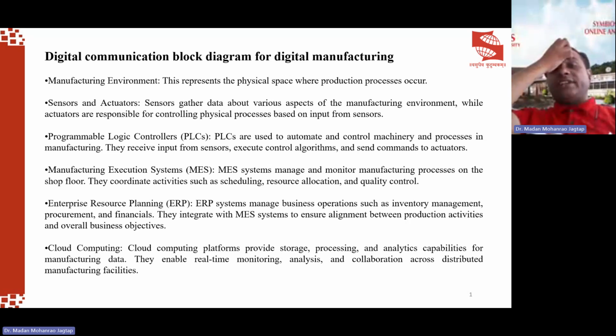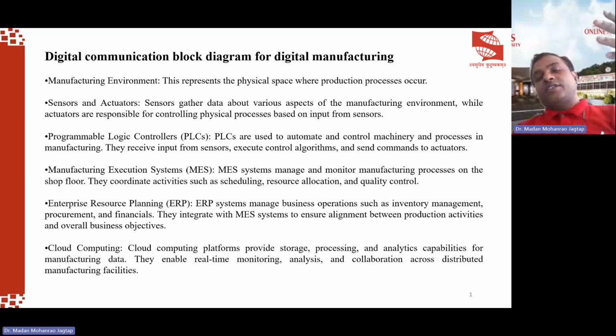They coordinate activities such as scheduling, resource allocation, and quality control. Scheduling means which activity comes after which activity. We can do resource allocation, deciding which resources are useful, and quality control with the help of manufacturing execution systems.